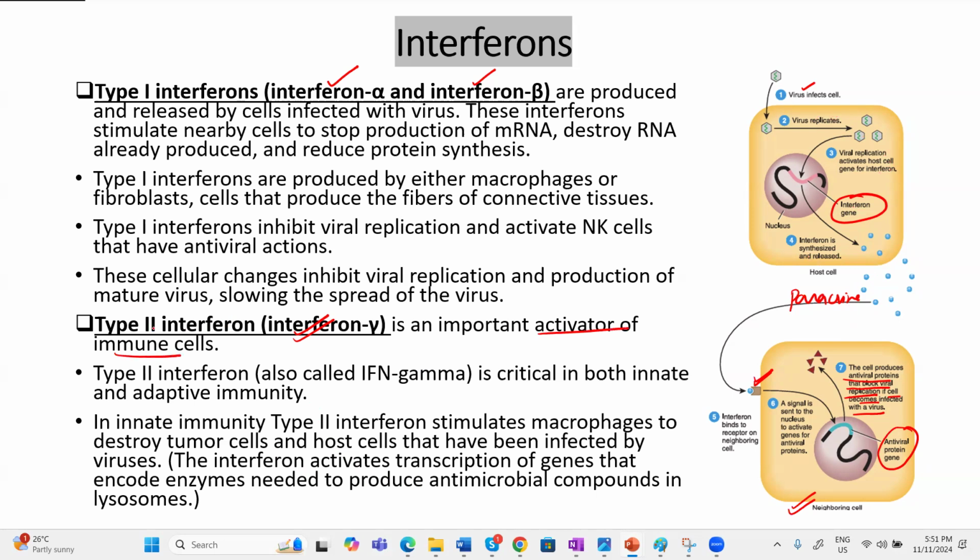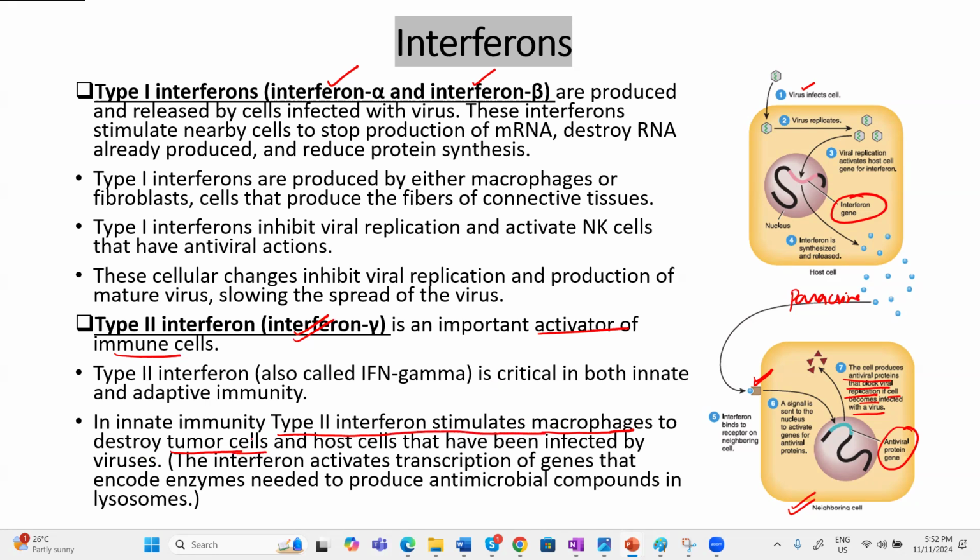Here we are trying to activate our immune system so that it identifies abnormal cells, cancer cells, as foreign and destroys them. So type 2 interferon will stimulate macrophages to destroy tumor cells.